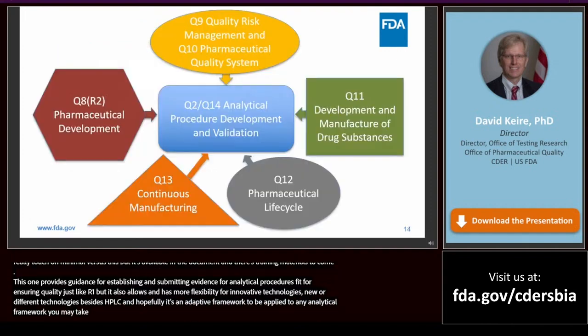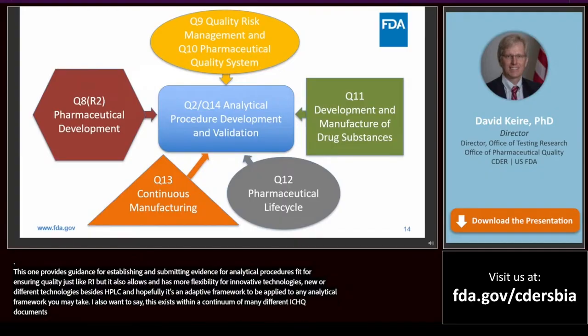I also want to say that Q2 and Q14 exist within a continuum of many different ICH Q documents, quality documents, and we pulled from many of them in the process of putting together the manuscripts. I just point out a few of them here.